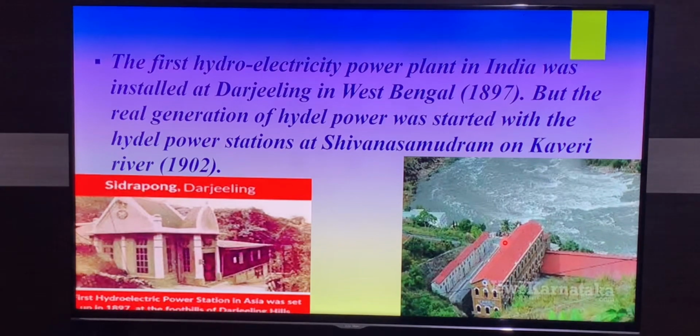This is a picture of the hydel power station at Shivanasamudra on the river Kaveri, which was established in the year 1902. Though the first hydroelectricity was at Darjeeling in West Bengal, the real hydel power started at Shivanasamudra on the river Kaveri.